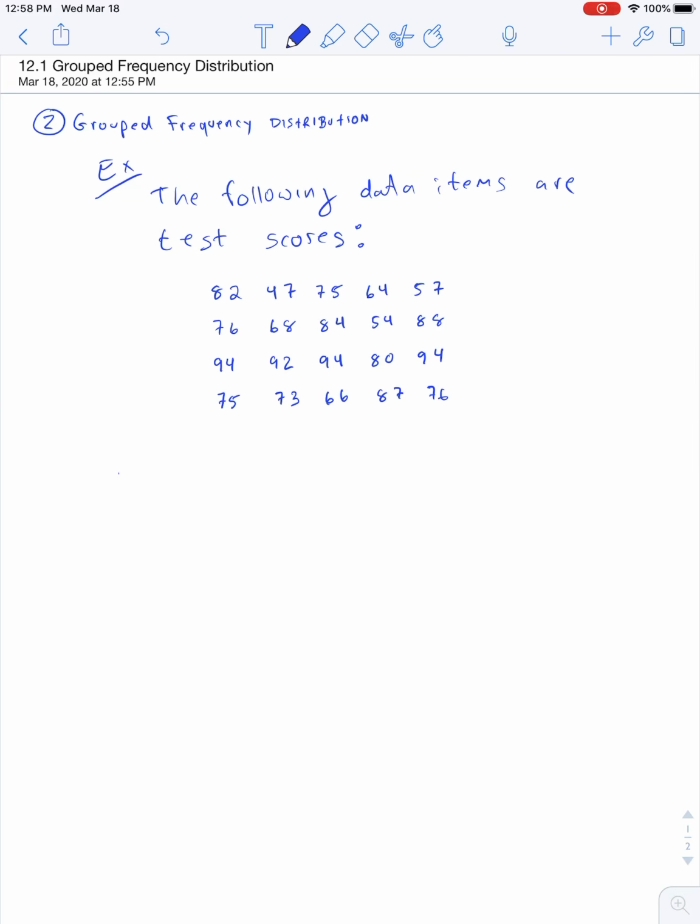And let's say we were asked to construct a frequency distribution table.